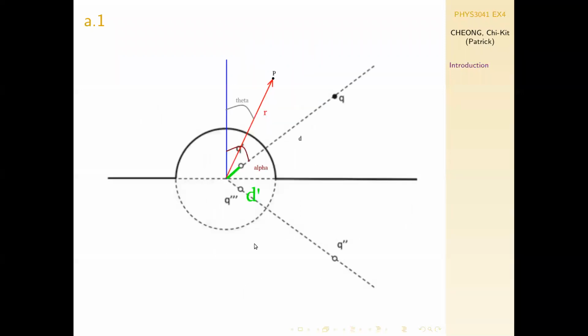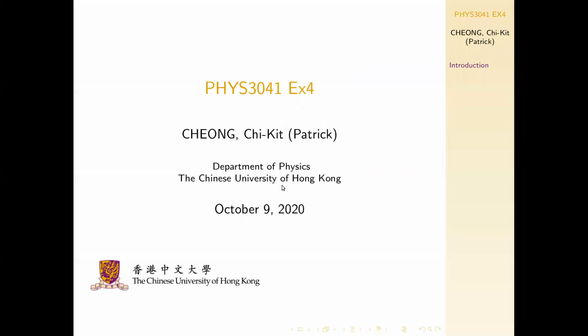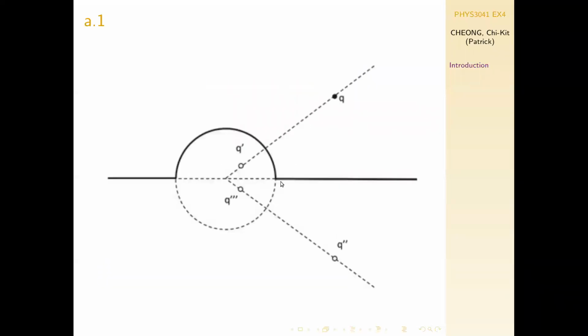Let me recap the main routines to work out this problem. First, once you have your problem in hand, put it in an appropriate coordinate system and define the variables that help you. Then for this image charge problem, the first thing you need to do is to identify all the image charges.